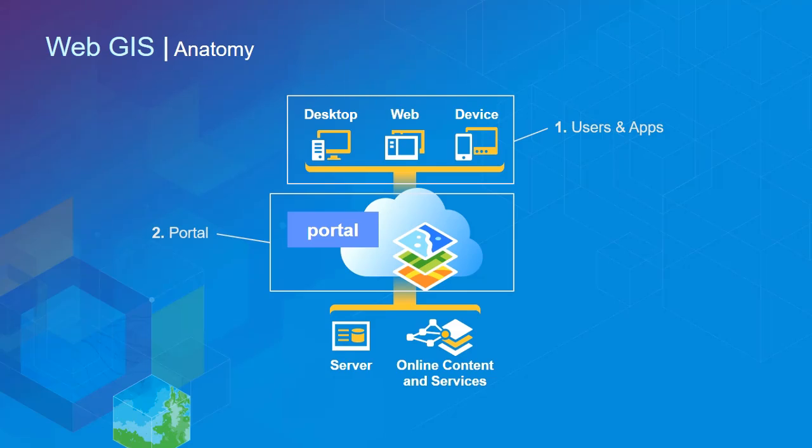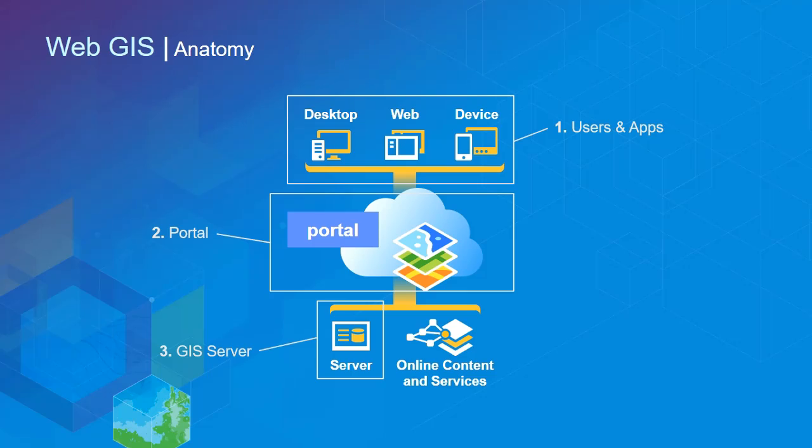What is interesting is that portal in the middle. How do I get one of those? What do I have to do? How do I make use of it? The servers underneath, where are they hosted? Am I running software myself in my infrastructure? Literally in my basement or under my desk? Is it running in the cloud? Is Esri running it in the cloud?